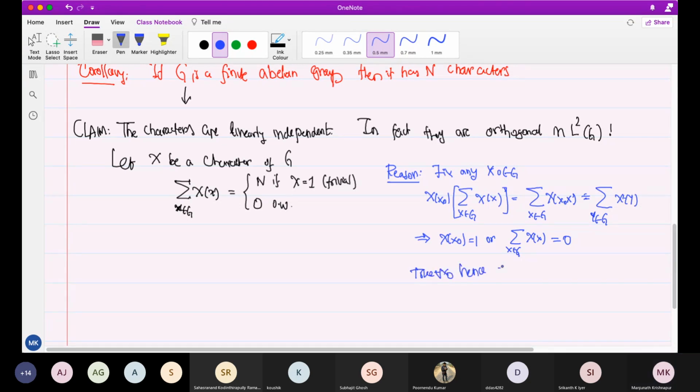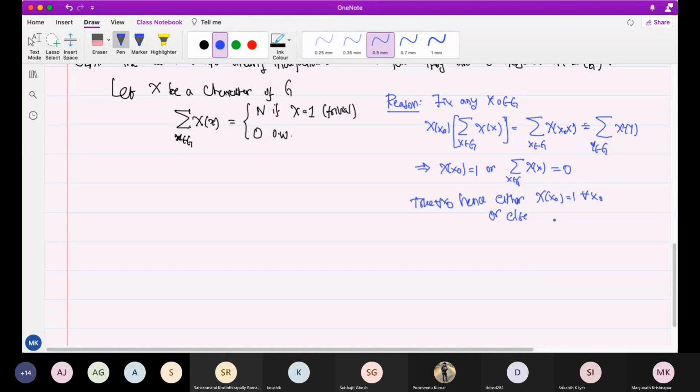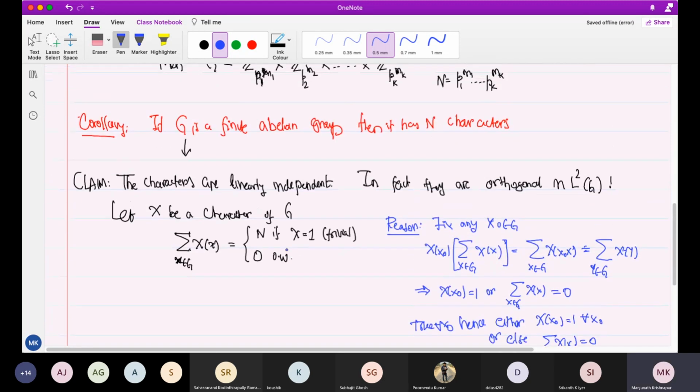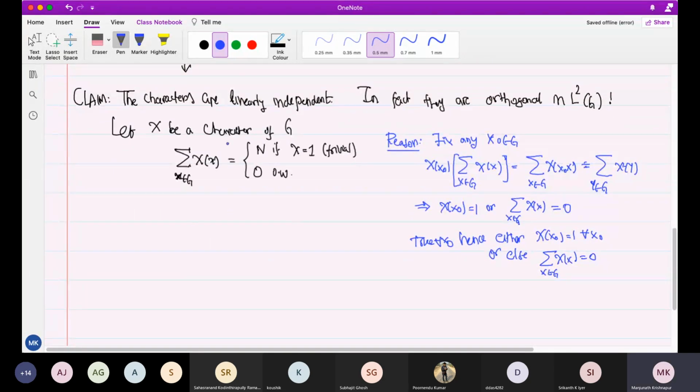Hence, either chi is trivial or else the sum is 0. That's what I have written here. And when it is trivial, it is a direct check. It's all 1, therefore the sum is n.